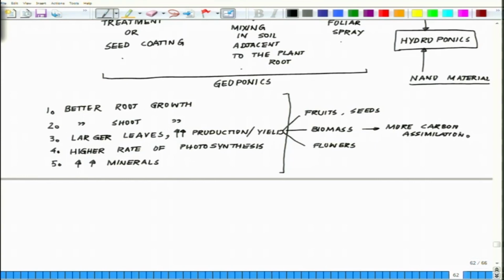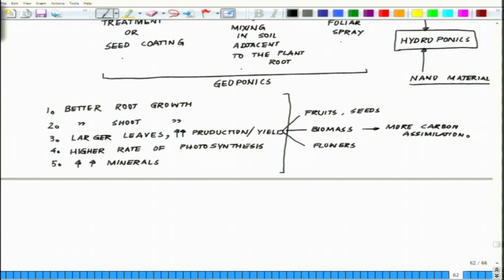So, this is the overall summary if I have to put it across on the board, like the nanomaterials in the plant world. In one frame we have to look at this picture.